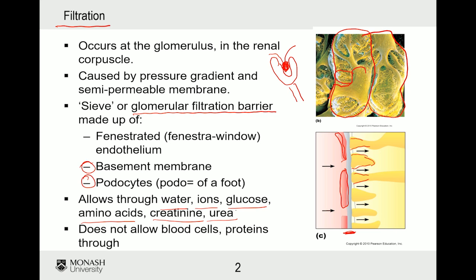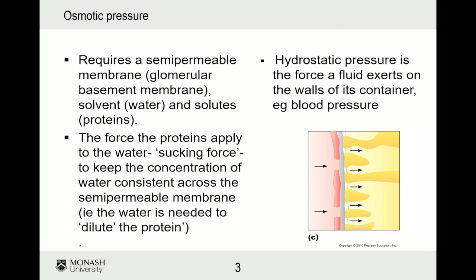Creatinine and urea are waste products in the body. It does not allow through blood cells or proteins. And we'll discuss the importance of this further on. Now, I talked about the sieve, or the glomerular basement membrane, and podocytes and fenestrated endothelium.